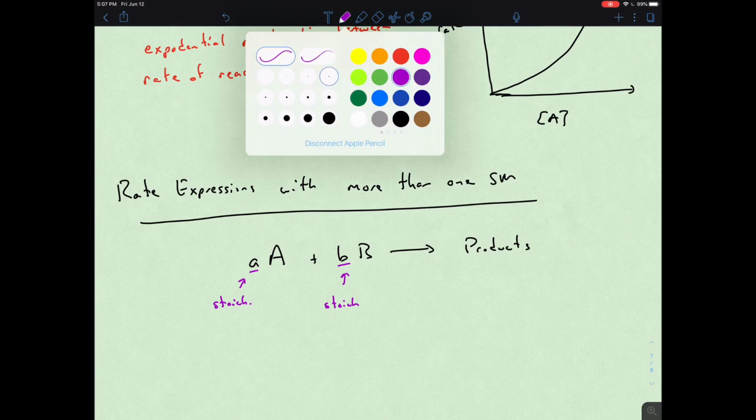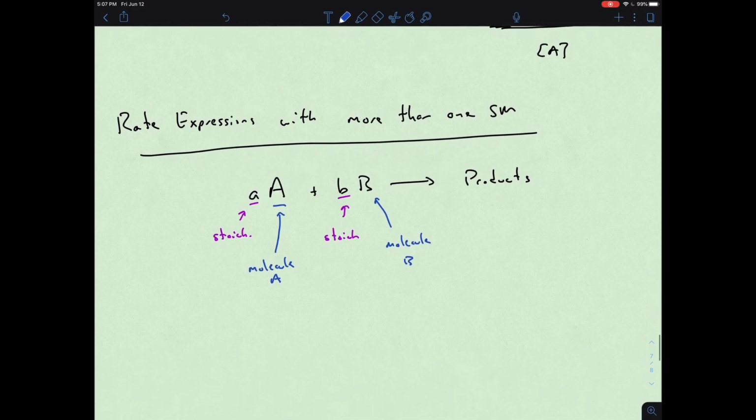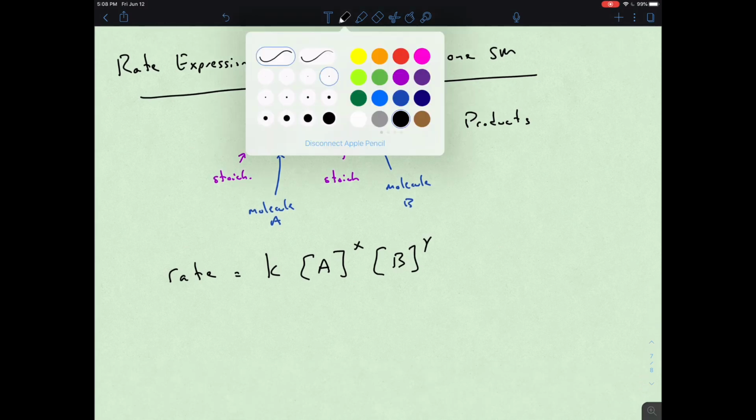And then here we have our molecule A and our molecule B, right? Our rate would be equal to little k times the concentration of A raised to the x power, very similar to what we saw when we just had A as a starting material, but now we have B, and it's going to be raised to the y power.